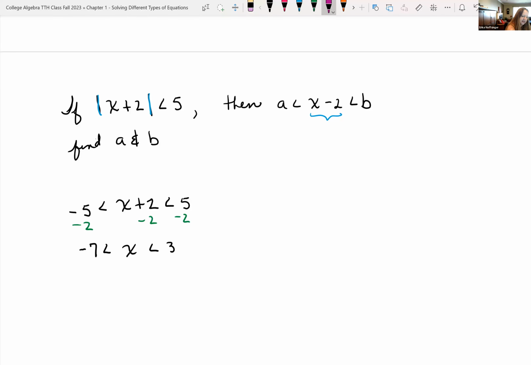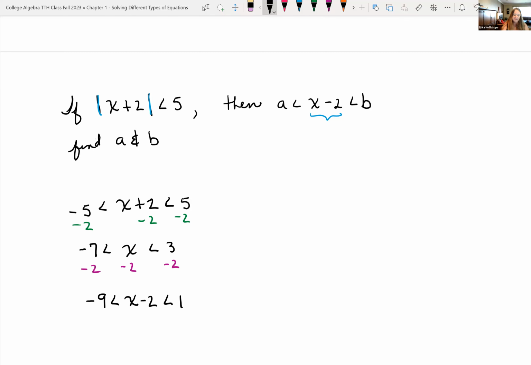So if I subtract 2 on all sides of our inequalities, I would have -7 minus 2 is -9, is less than, well, x minus 2, those aren't like terms, so we're just going to write it as x minus 2, is less than 3 minus 2, which is 1.